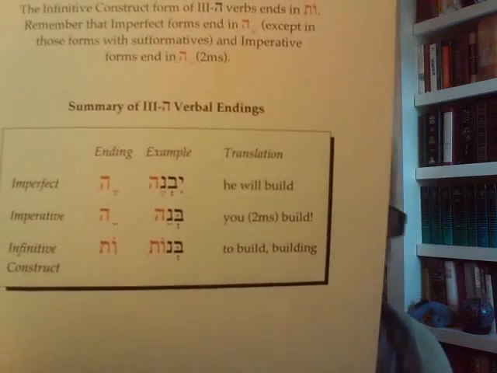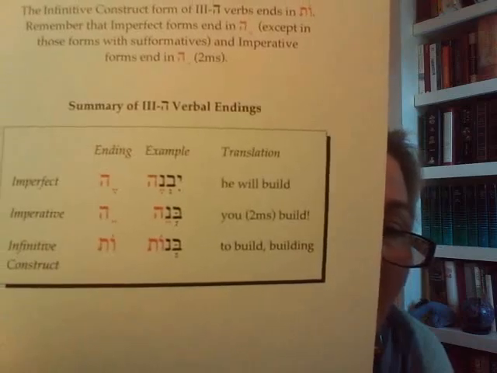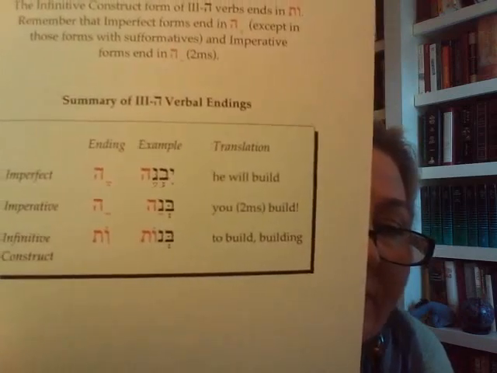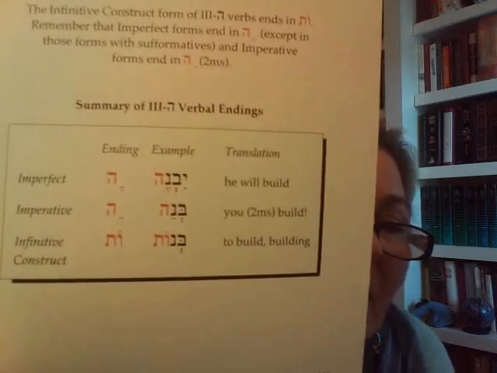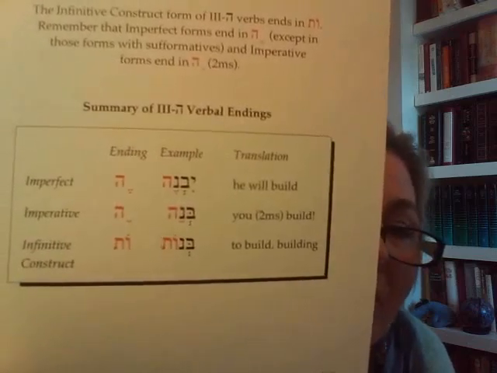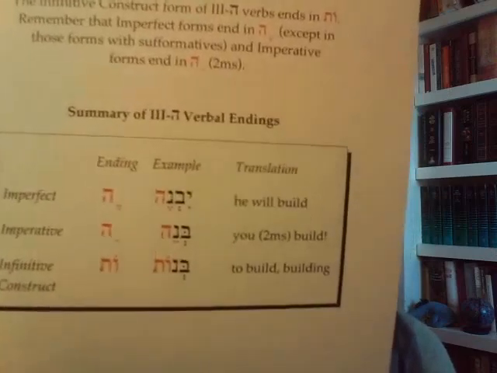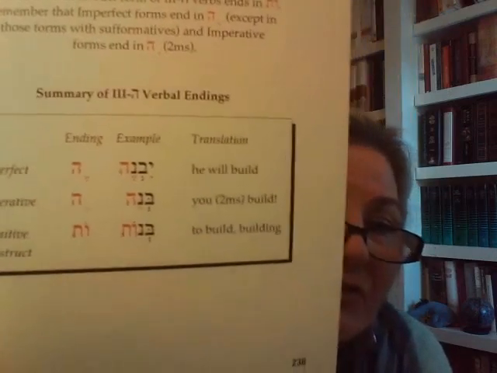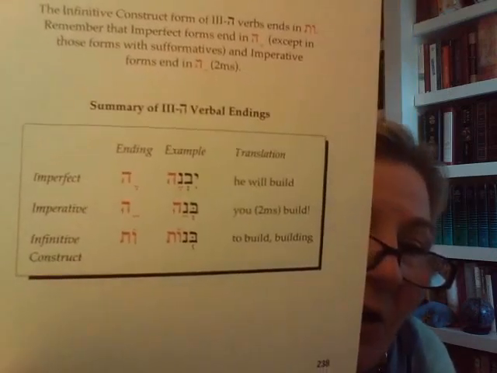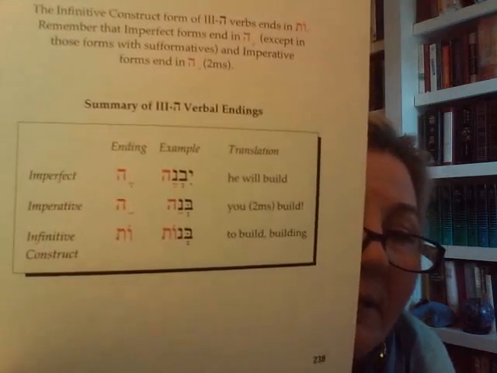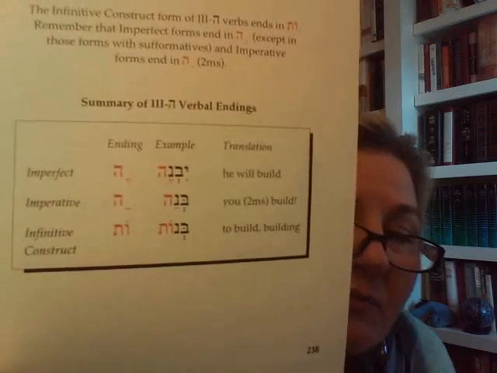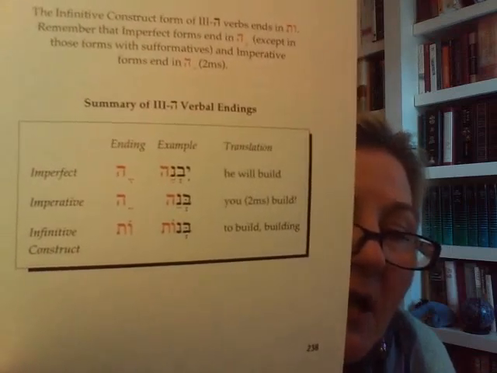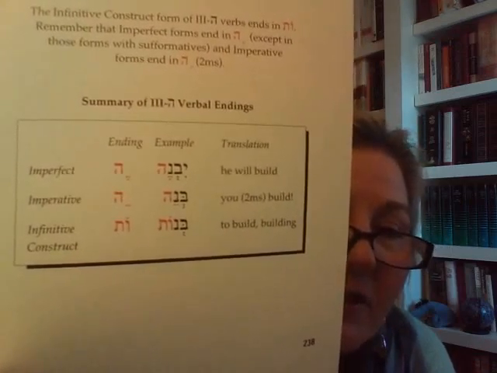You see the imperative ending, sere hey, and now your infinitive construct ending, which is your oth. And so knowing these endings will help you a great deal. He will build, that's your imperfect with segol hey. You build, that's your imperative with your sere hey. And then to build or building, benoth, that's your infinitive construct.